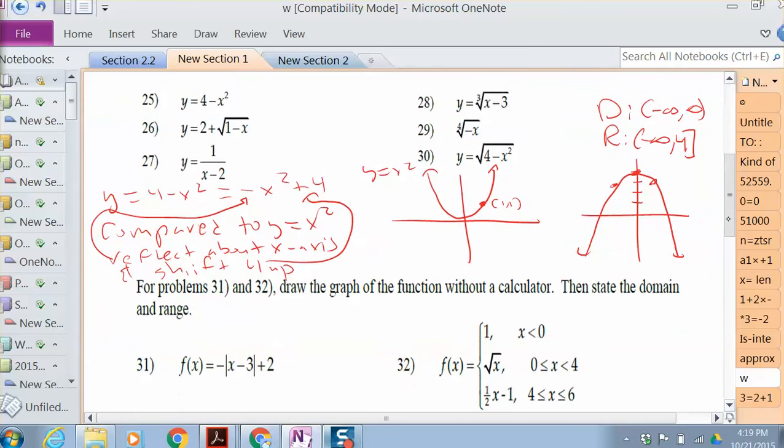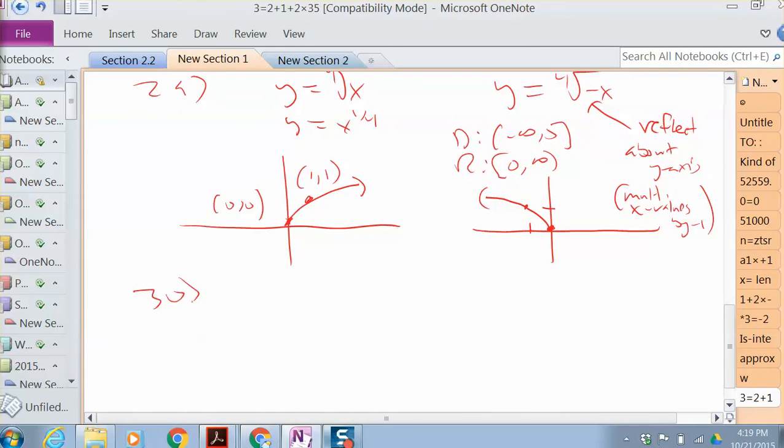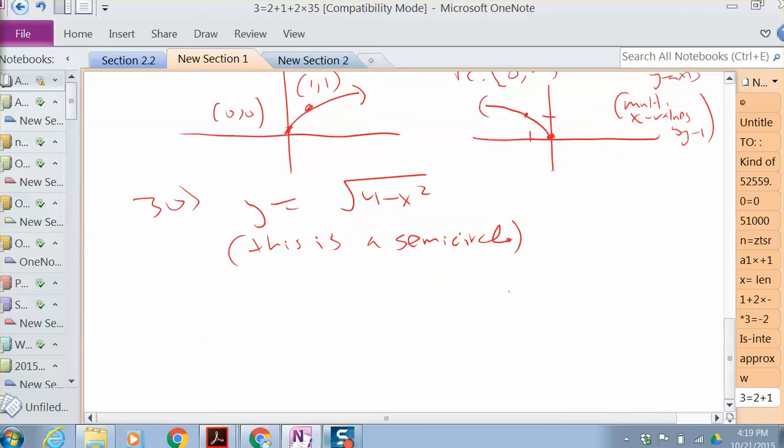And then lastly, 30. y equals square root of 4 minus x squared. Now hopefully you realize this is a semicircle. So it's a matter of recognition. And here's the reason why.